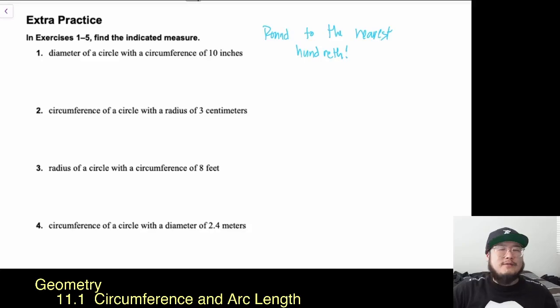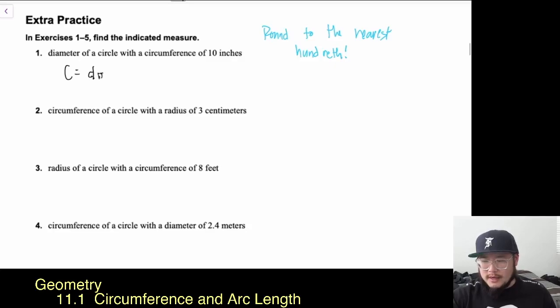Well, let's use our equation. Always start off with the equation. We have circumference is equal to diameter times pi. Or we have circumference is equal to 2 pi r.